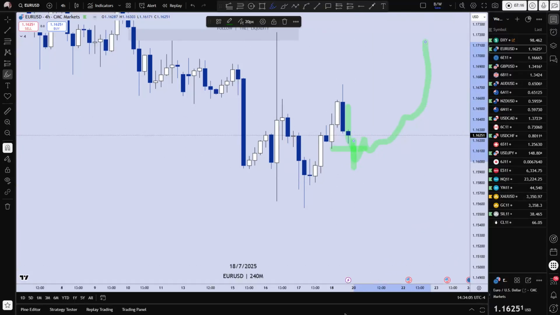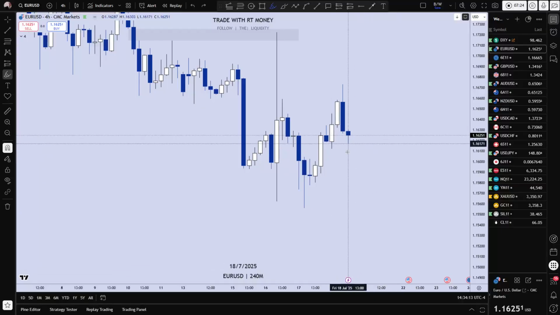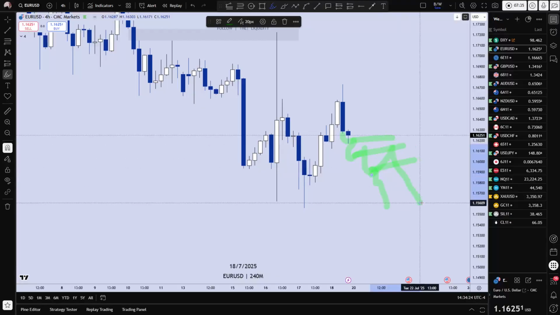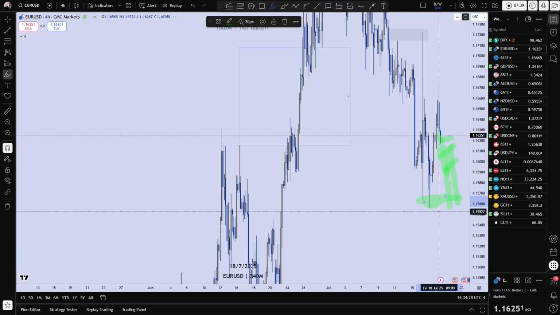What's the chances of it turning up? If it takes that low, I want to see how it breaks that low. Are we going to displace through it? Are we going to have a bearish fair value gap? That's what I want to see. I want to see the fair value gaps being respected along the way down, so that I know we're going to head towards these lows and then eventually down further to those lows.